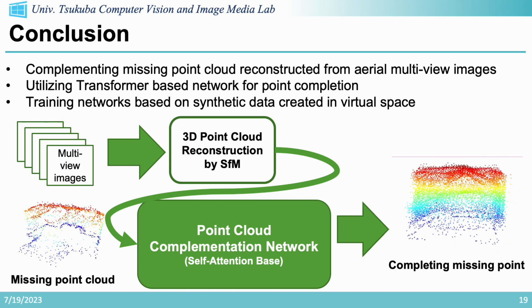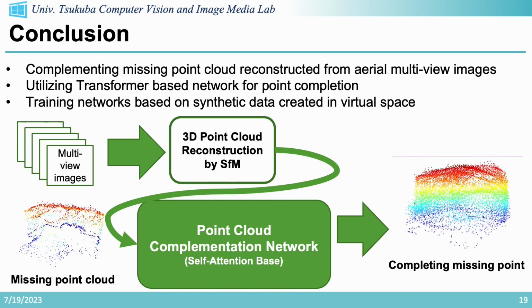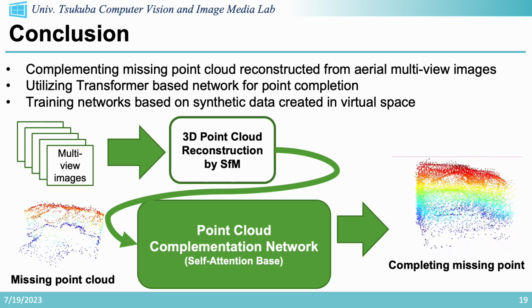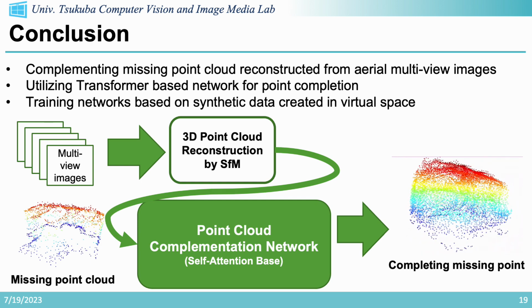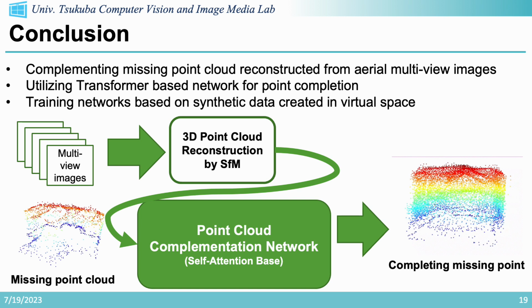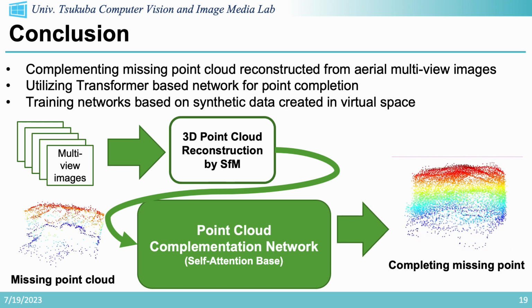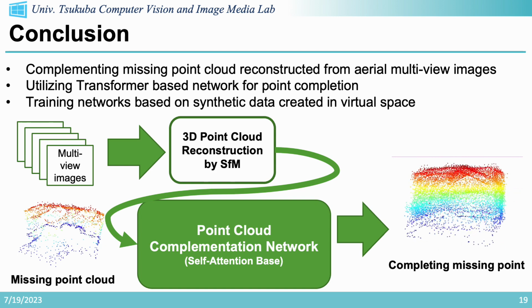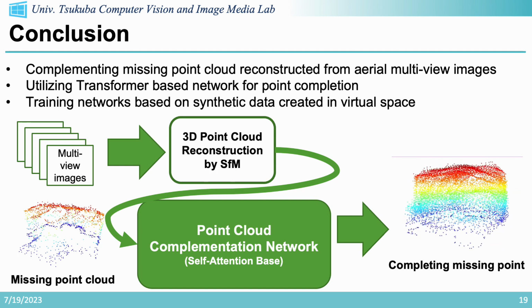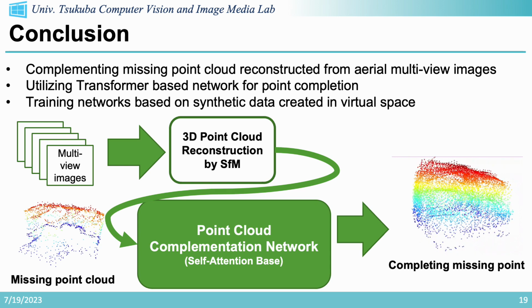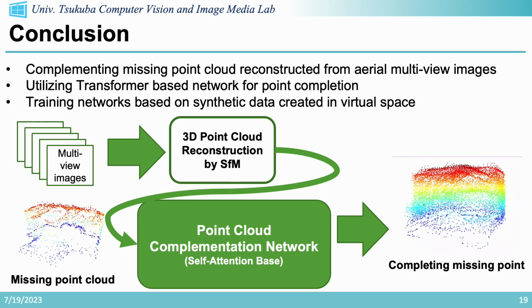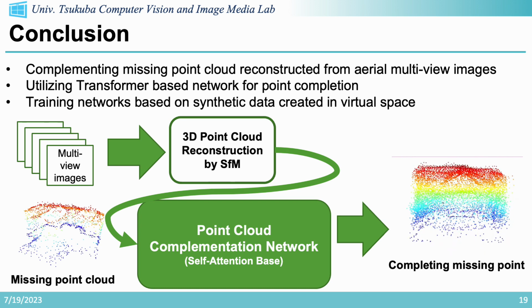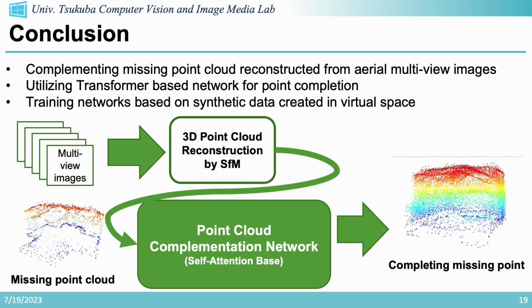To sum up, in this study we have produced a method for completing a missing point cloud reconstructed from aerial images. A transformer-based network was used for point cloud completion, and for training, pre-training on a large dataset and building point clouds created in virtual space were used.